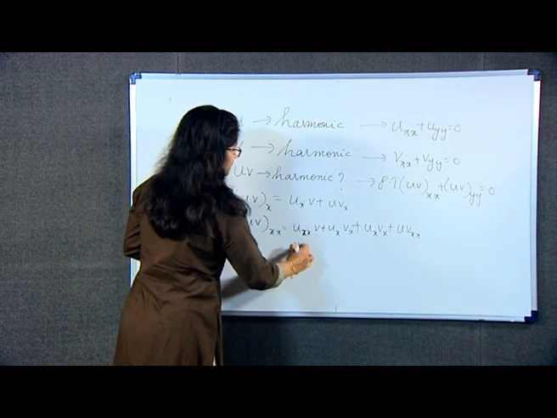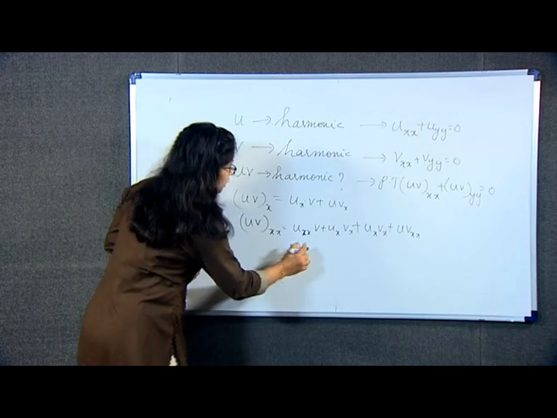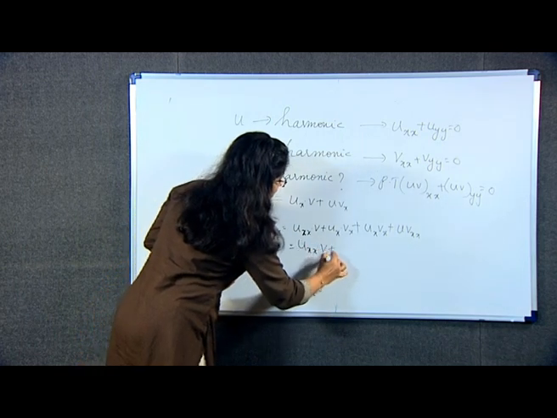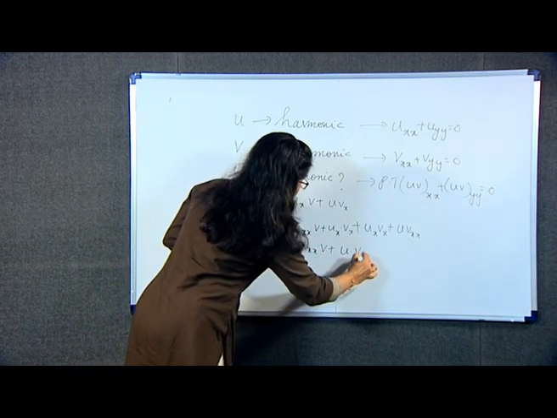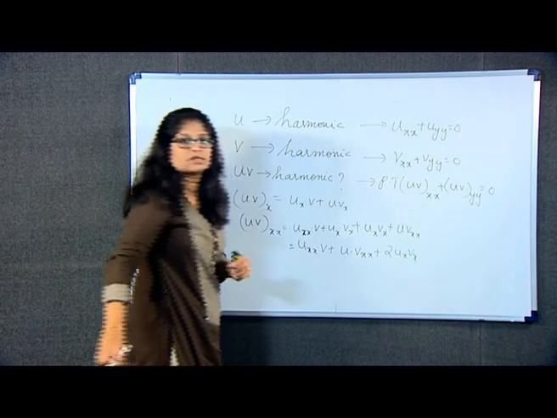So, u x x into v plus u into v x x plus 2 times u x into v x.